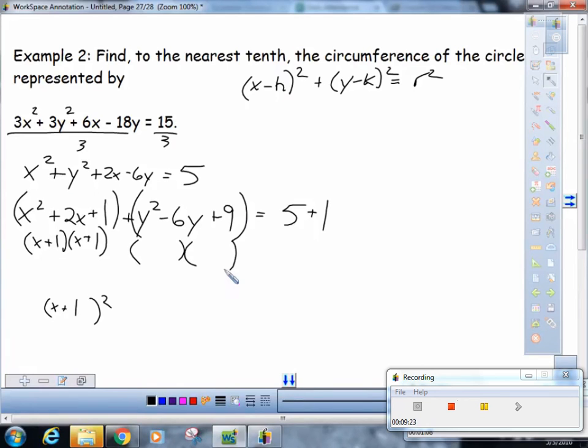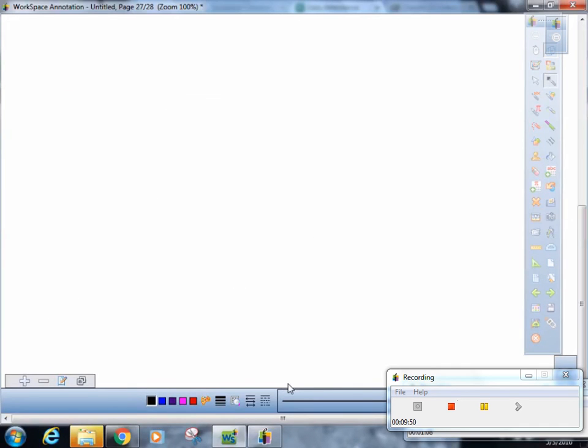That's y minus 3 times y minus 3, which is y minus 3 squared. And what do we have to add to the other side now? 9. Watch me add 3 like I would when I was in high school, and then I count myself real quick. Okay? So that leaves you with x plus 1 squared plus y minus 3 squared equals 15.